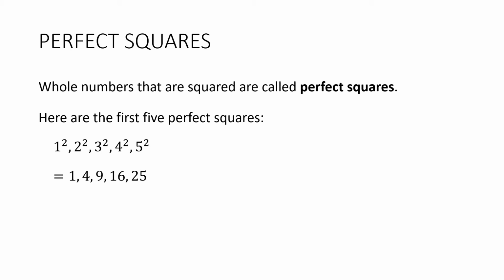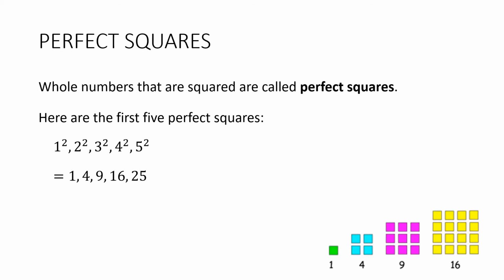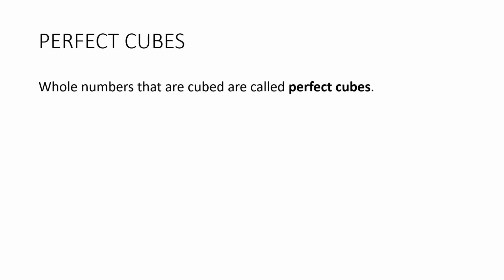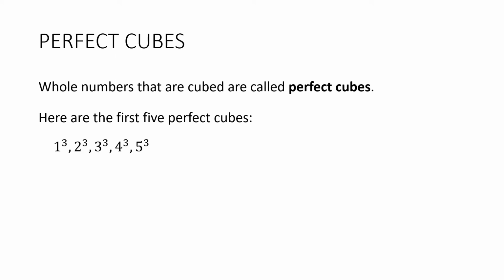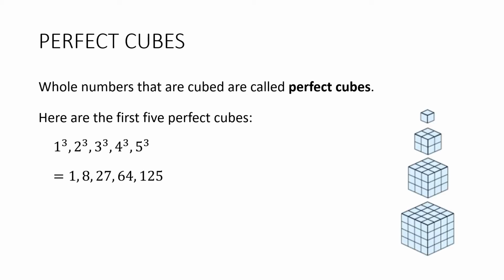We said that squared numbers are called that because their dot patterns are the shape of squares. Whole numbers that are cubed are called perfect cubes. And the first 5 perfect cubes are 1 cubed, 2 cubed, 3 cubed, 4 cubed, and 5 cubed. If we work those out, they are 1, 8, 27, 64, and 125. And they actually form cubes.